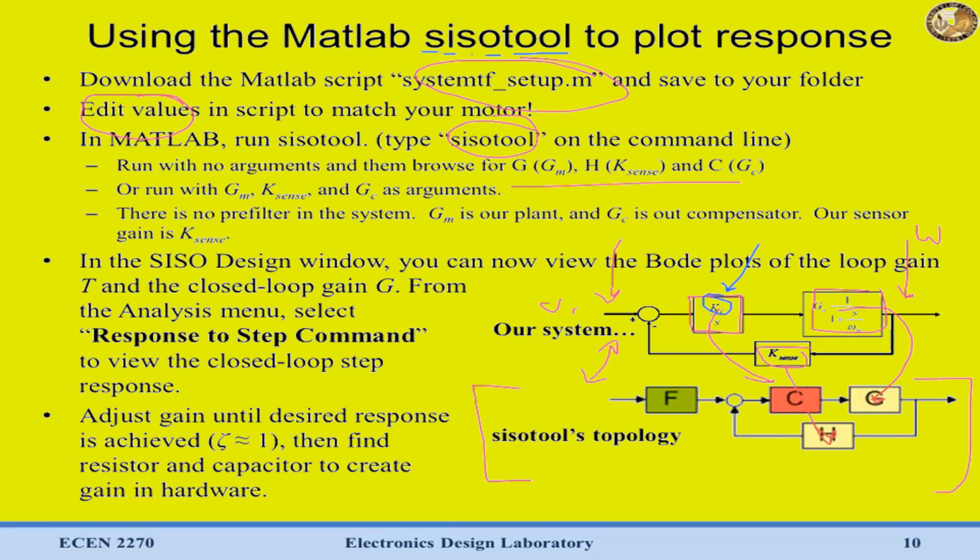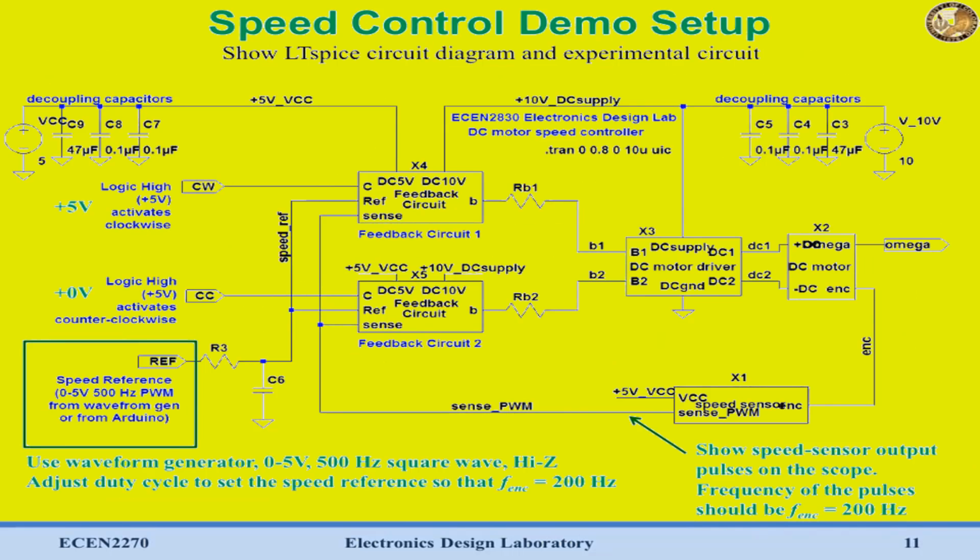In any case, once you've solved for k sub I using SISO tool or the equation to determine what it should be, you can simply find a set of resistor and capacitor to use on that op-amp feedback circuit in order to give you the k sub I that you wanted. And once you've done that, you should have a fully operational feedback circuit.